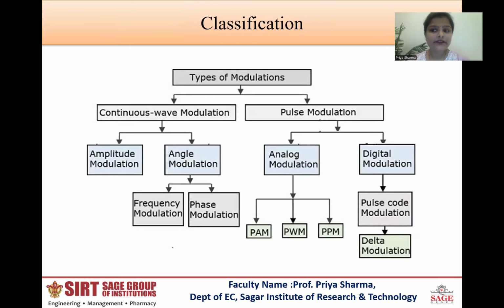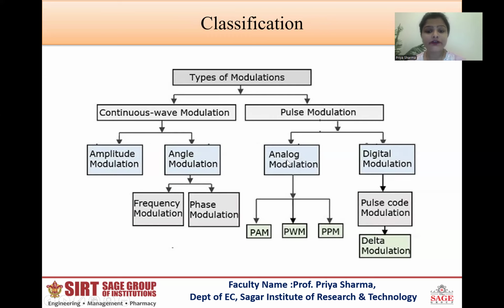This is the basic classification of modulation. We'll be covering all these modulation techniques in the upcoming lecture videos. Going through one by one, first is continuous wave modulation and then pulse modulation. Continuous wave modulation is further divided into two: amplitude modulation and angle modulation. Our first lecture is on amplitude modulation. Angle modulation is further divided into frequency and phase modulation.